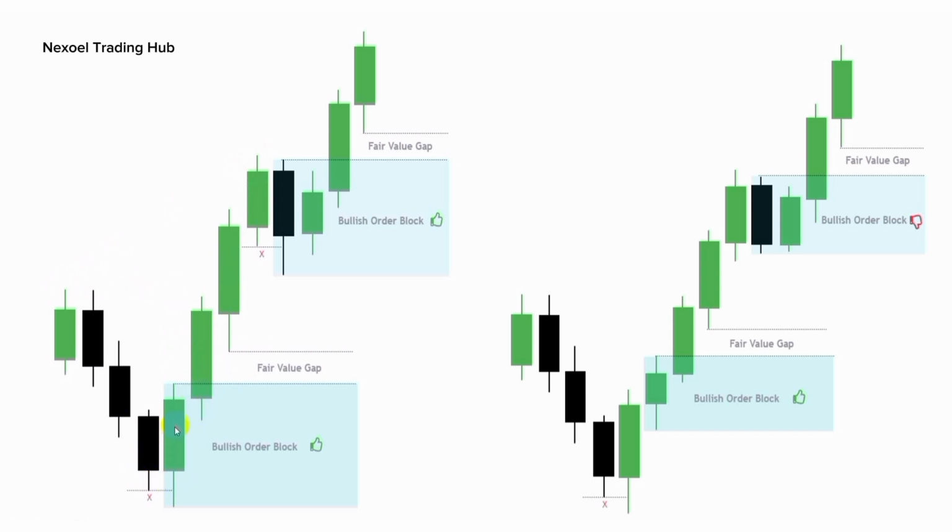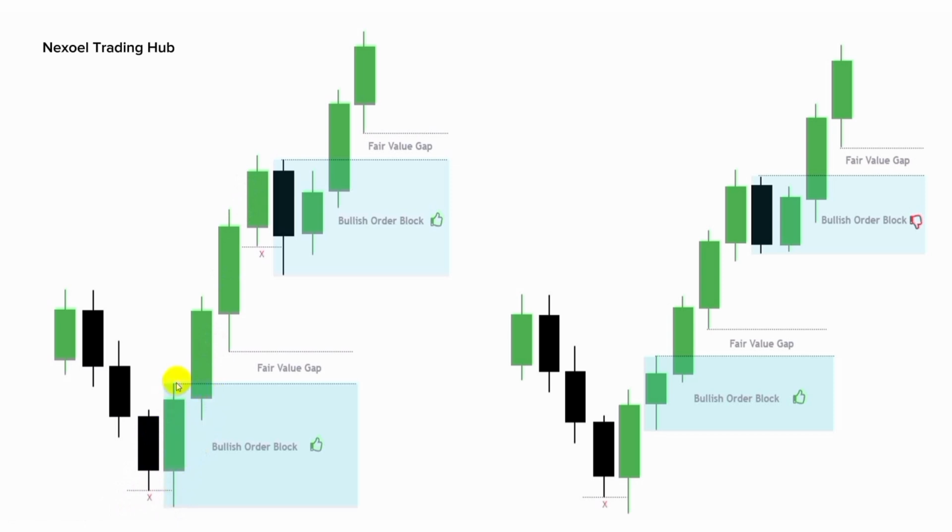This bullish candle took out the low of the down close candle, the bearish candle, before we actually have the push of price that took out this high point. So we can mark out this bullish candle as the order block. But this is actually the down close candle that sponsored the bullish move. But the fact that this took out the liquidity of the last down close candle, we can now just mark the bullish candle as the order block.